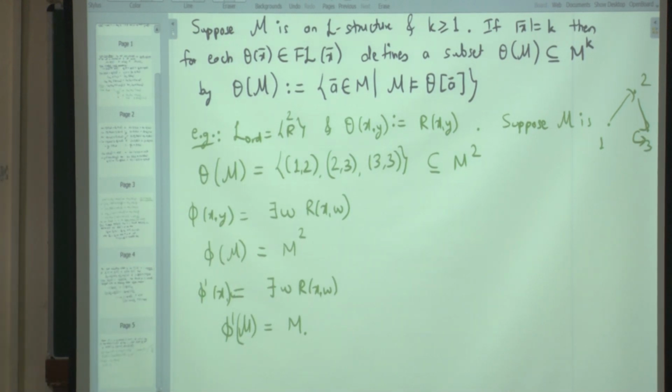If I change it to for all W, maybe I should do this: phi 1 of xy is equal to for all W Rxw. Then what will phi 1 of M be? Empty set. Nothing. But this is still a subset of M square.